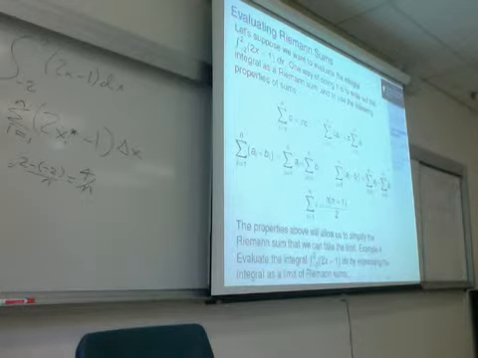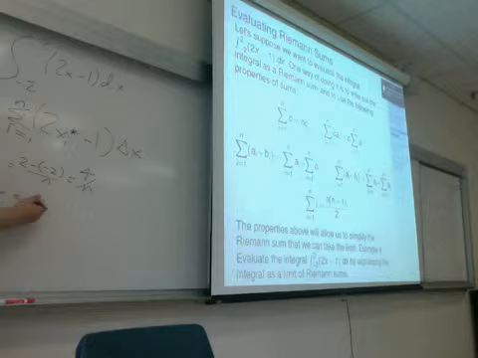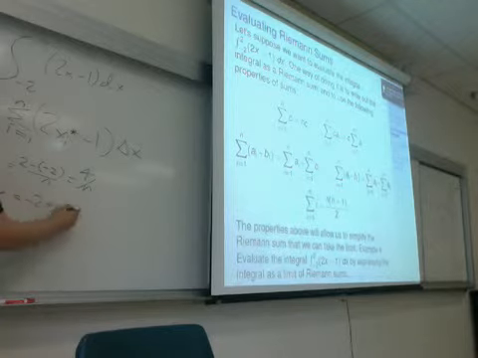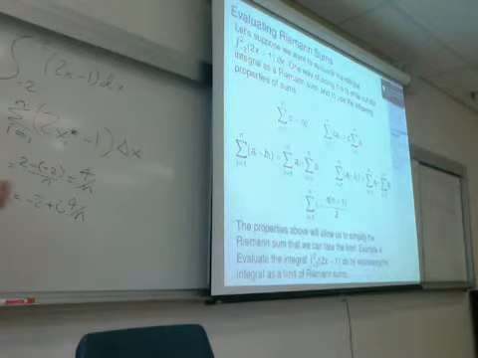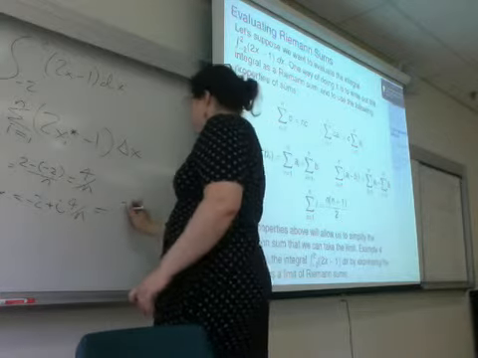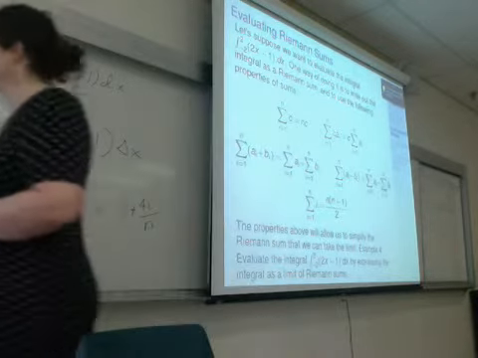My xi star is always going to be a plus i times delta x. The a here is negative 2, plus i times 4 over n. That gives you negative 2 plus 4i over n.